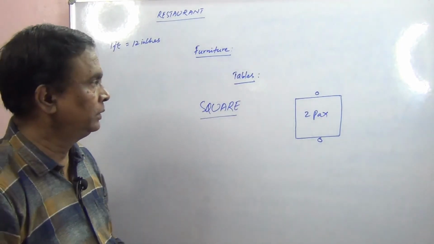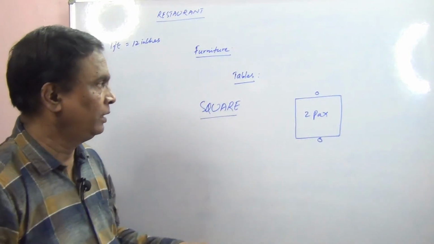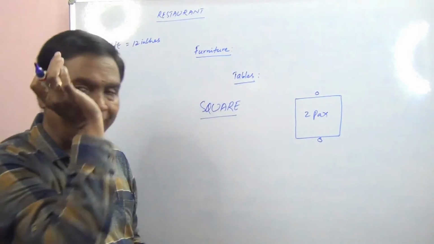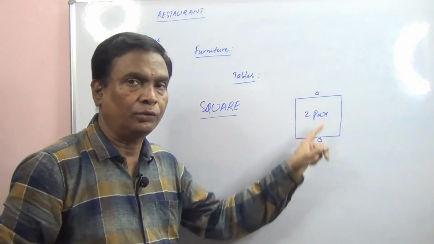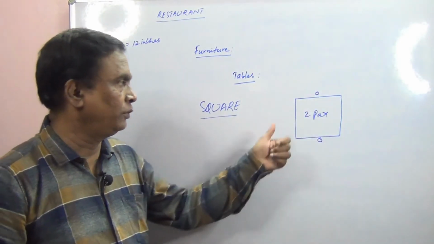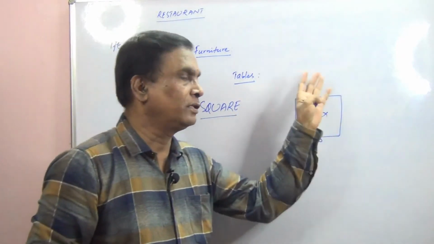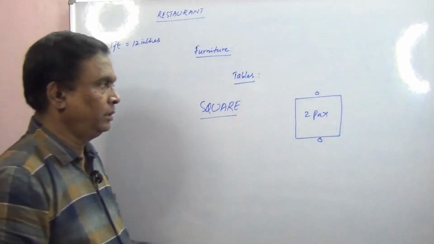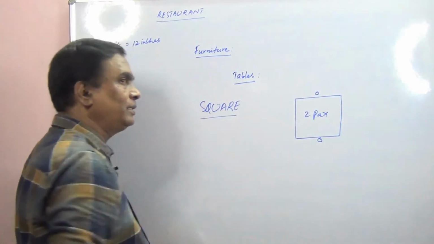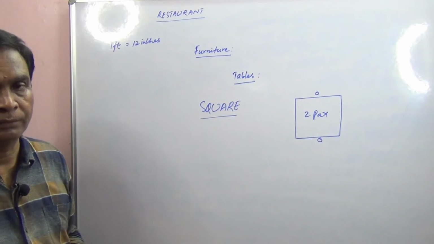Now we know very well that in case it is a square meant for 2 people, if you come to know one side of a square, all other sides are equal. So what is the size of a table?